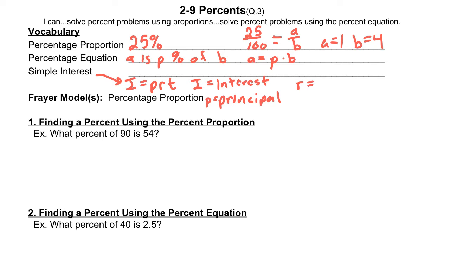R is the percent rate as a decimal. So if you have a 5% interest rate, the R would be 0.05. And then finally, T. T is the time, and the important part there is T is the time in years. So when we talk about simple interest right now, we're talking about it in terms of years.